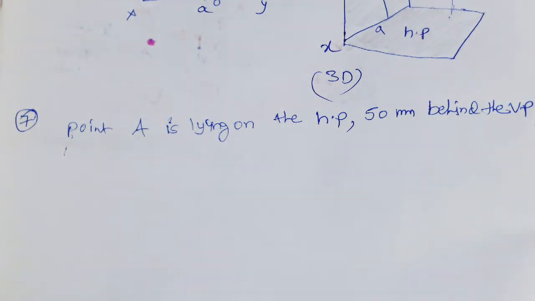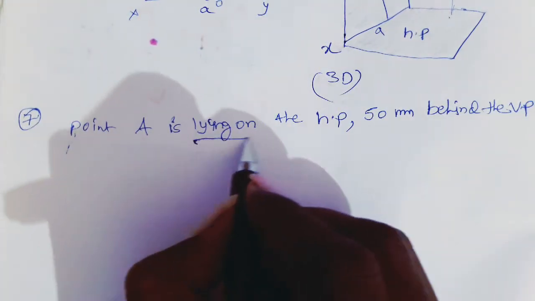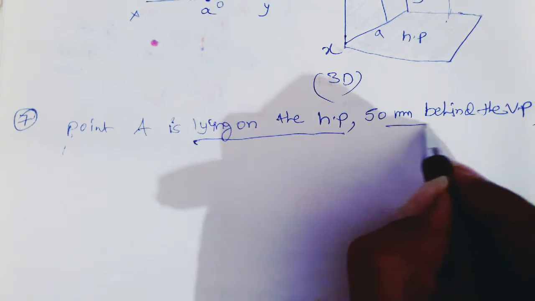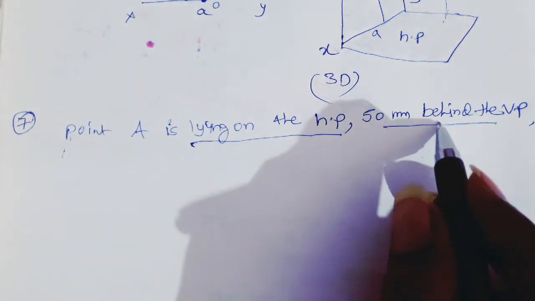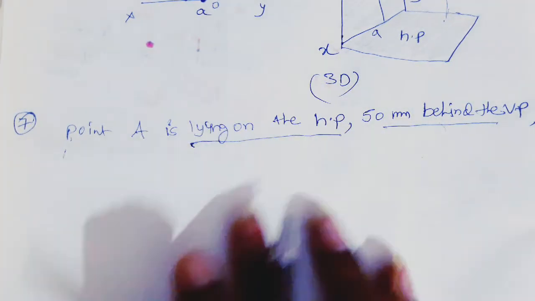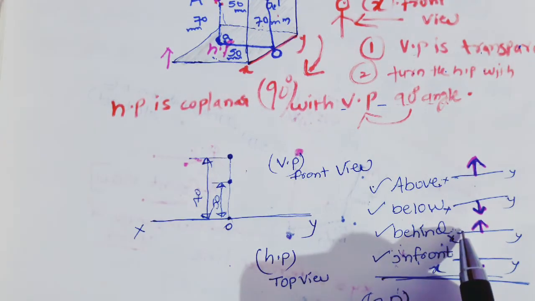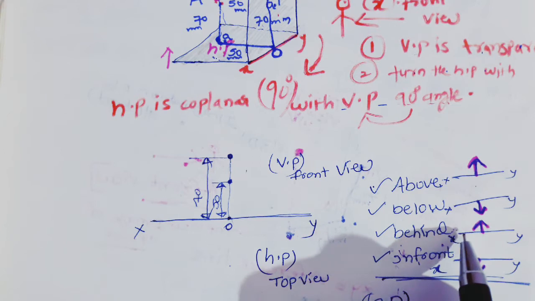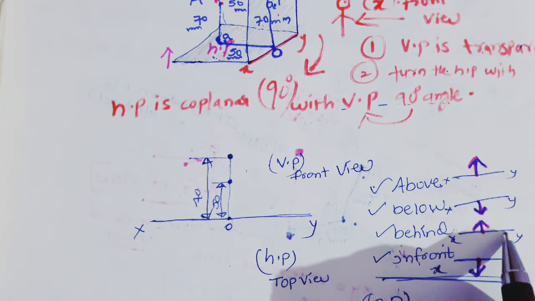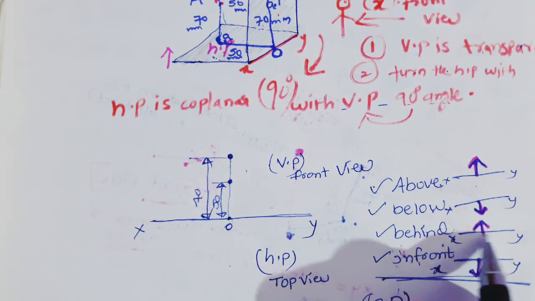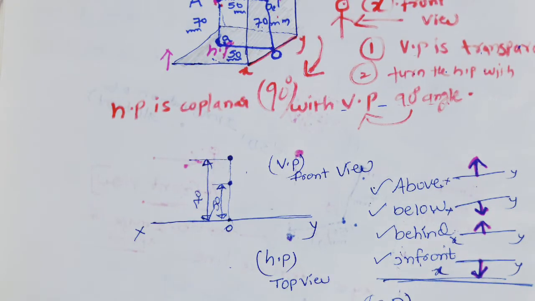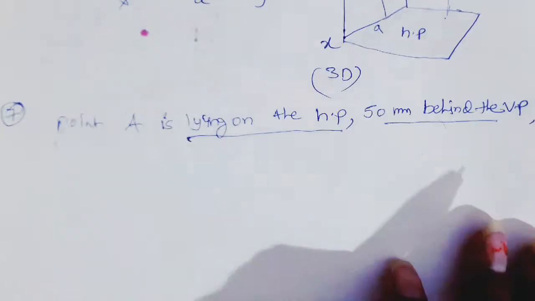This is the problem given. See here, lying on the HP 50 mm behind the VP. Behind the VP, already I told you, behind the VP means the position of a point will be above the XY reference line.